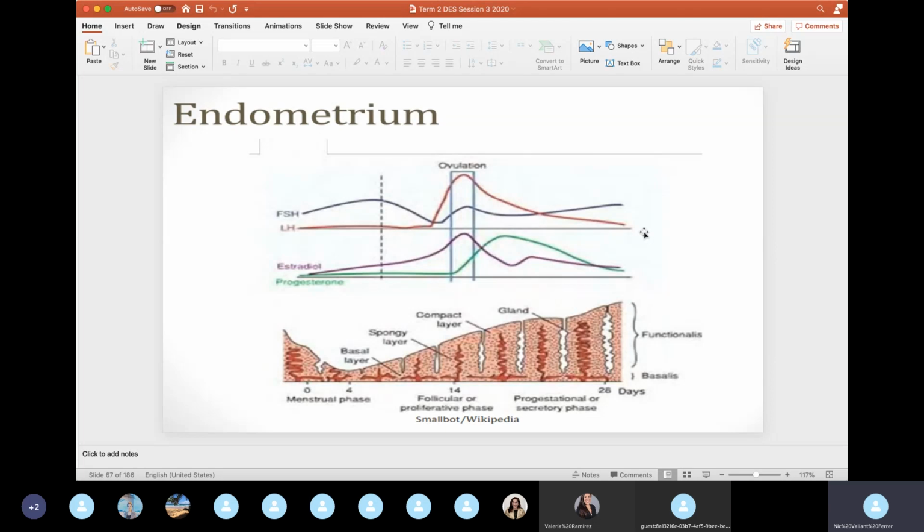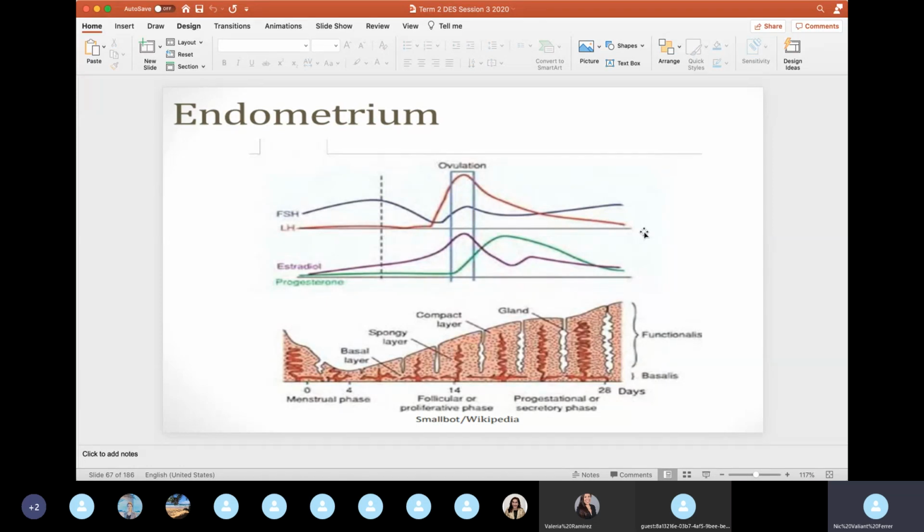What hormone is predominant now in the luteal phase? Progesterone and LH, right? Don't forget your LH. So in the ovarian cycle, follicular phase FSH, luteal phase LH. What causes ovulation? Day 14, LH surge.